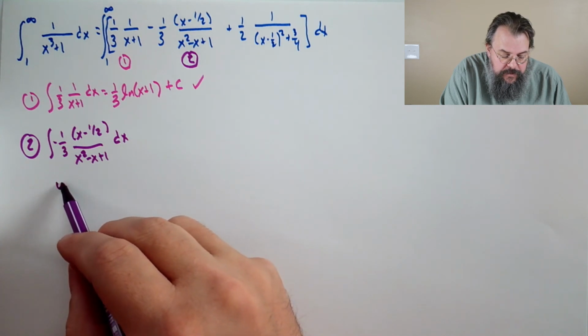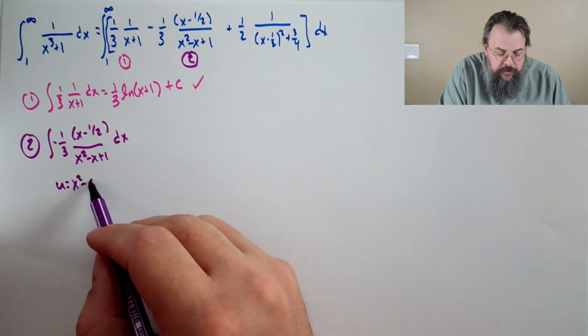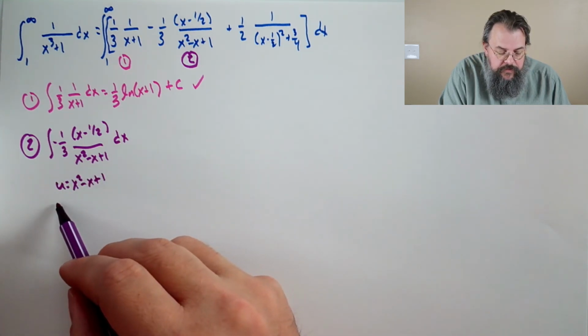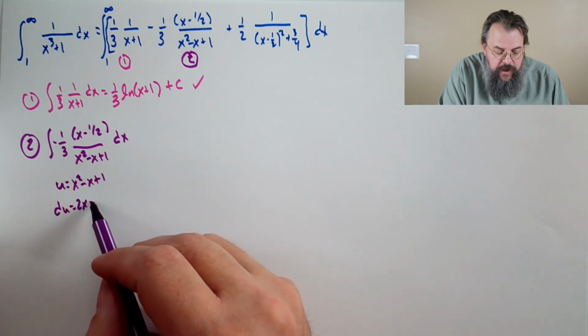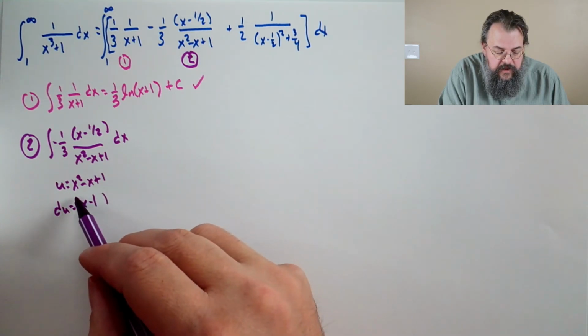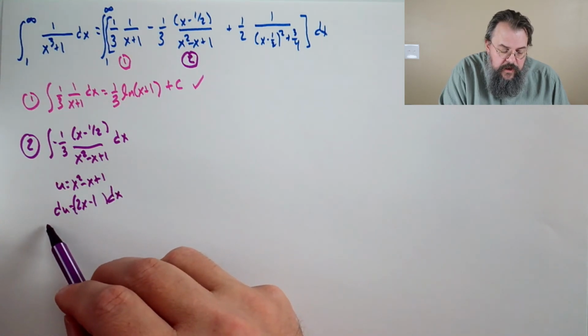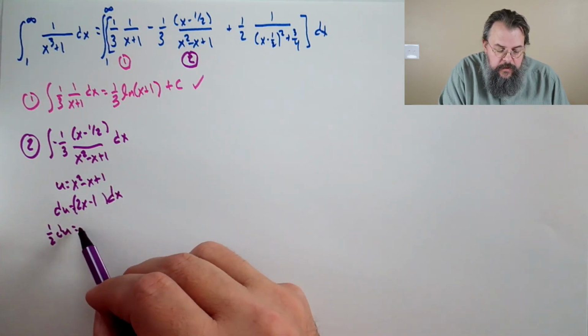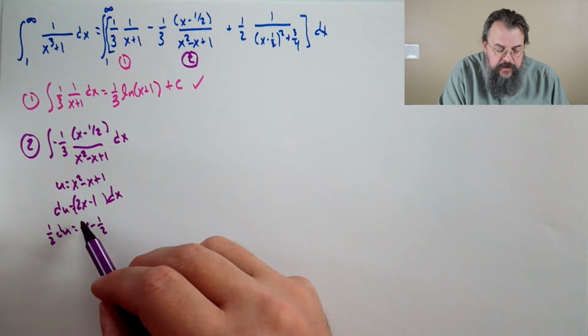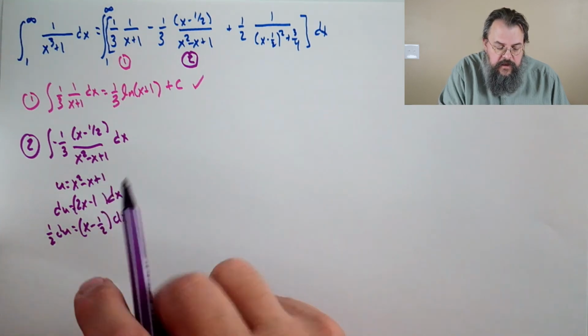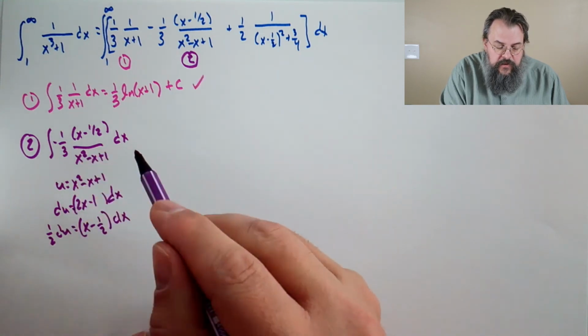So we do our substitution, u equals x squared minus x plus 1. du is 2x minus 1 dx. Divide by 2: 1/2 du would be x minus 1/2 dx.